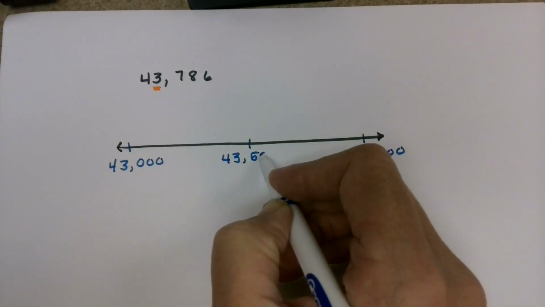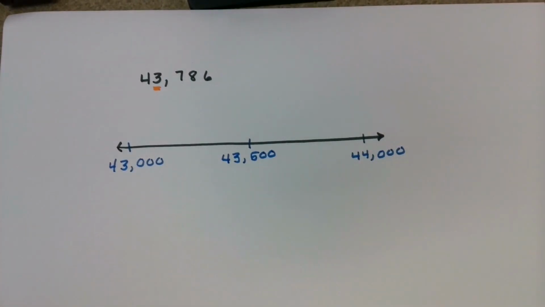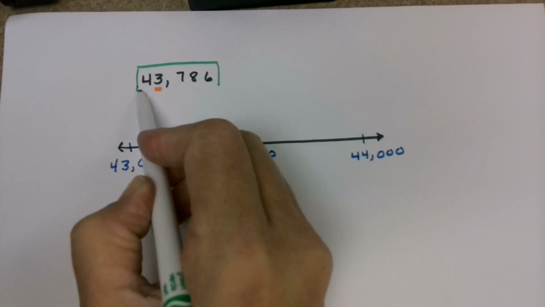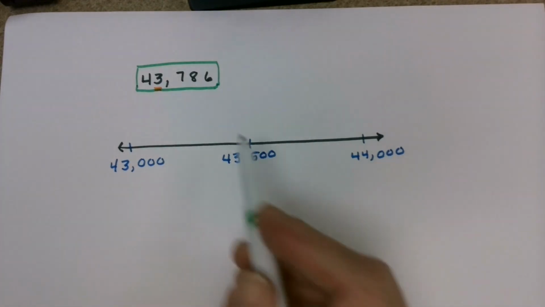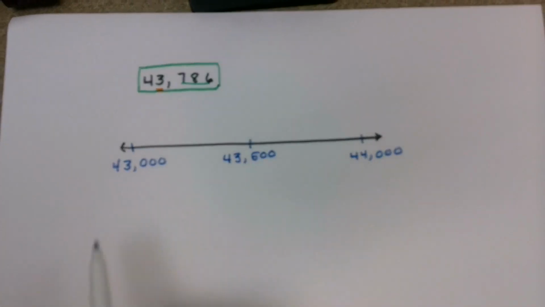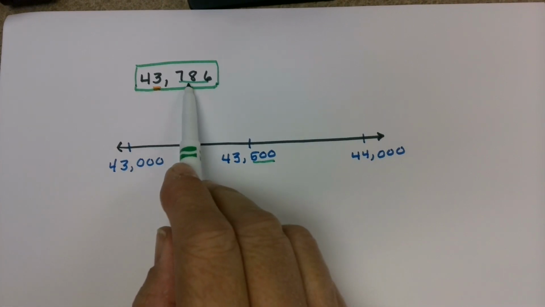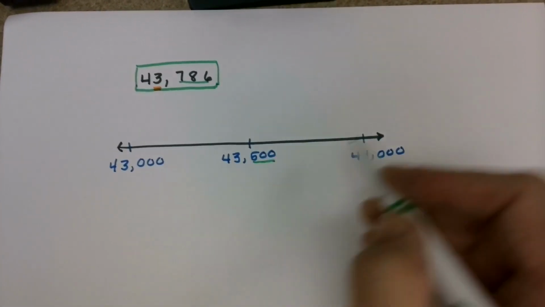The next thing I have to do is figure out where on the number line my 43,786 falls. And that's where I'm looking at those last three digits. And I'm comparing 786 to 500.